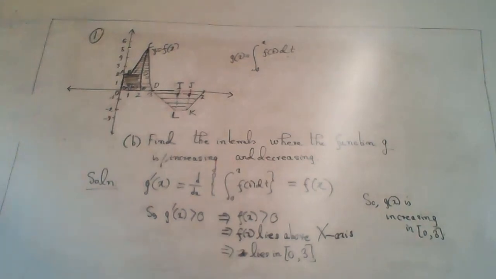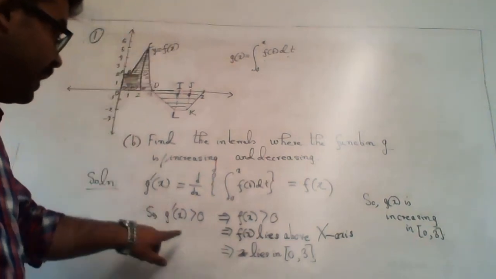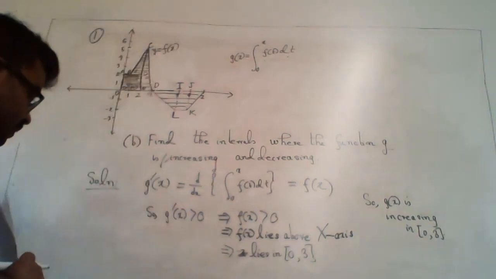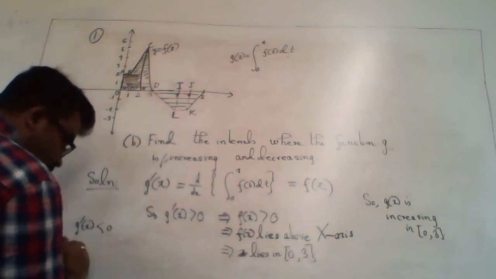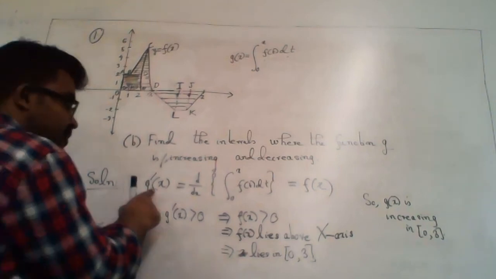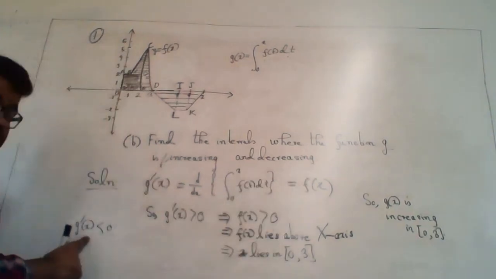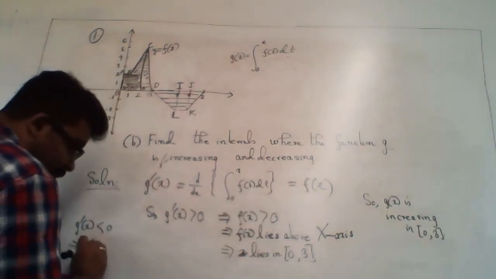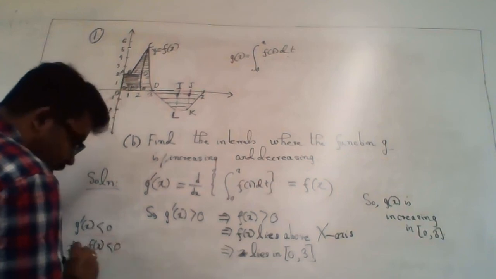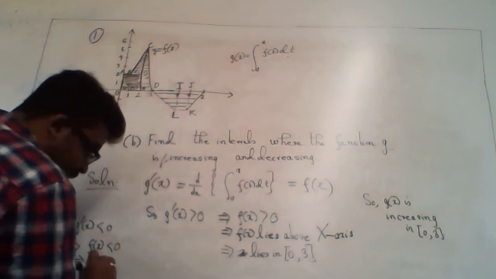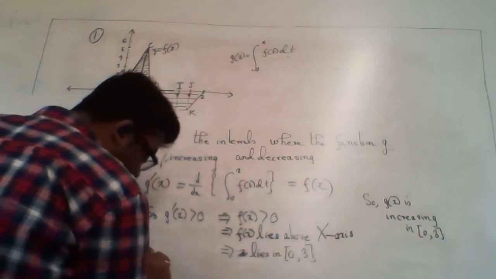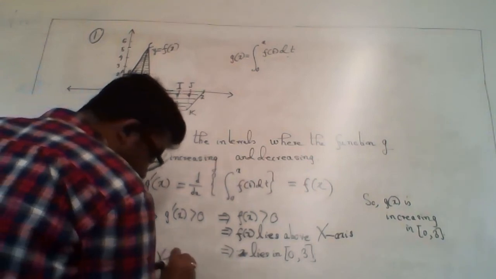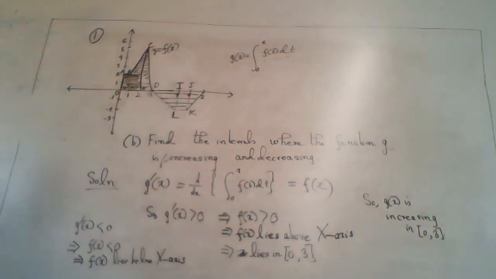To find out where this function is decreasing, we have to find out where g prime x is less than 0. We have already found out that g prime x is f of x. So g prime x less than 0 means f of x is less than 0, and f of x less than 0 means f of x lies below the x-axis, right?